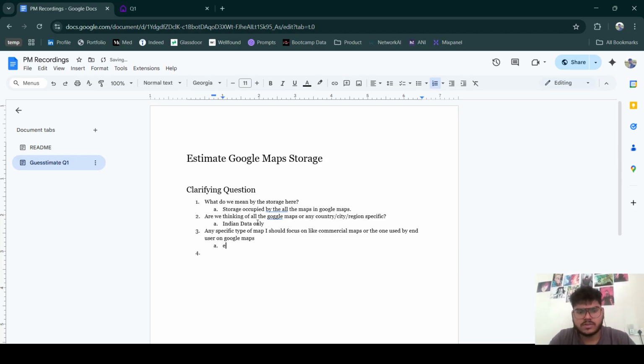So here we are considering only the maps that are used by end users on the app in India. Okay.